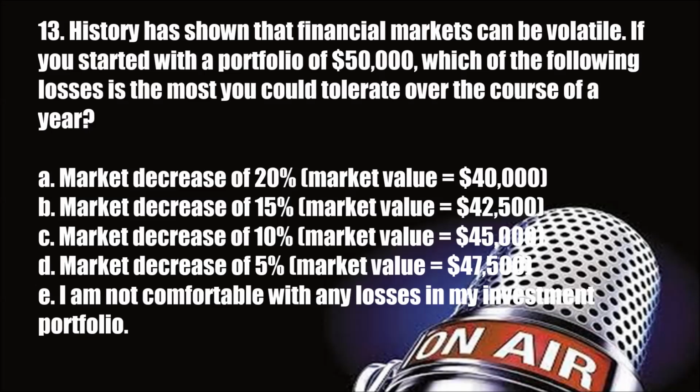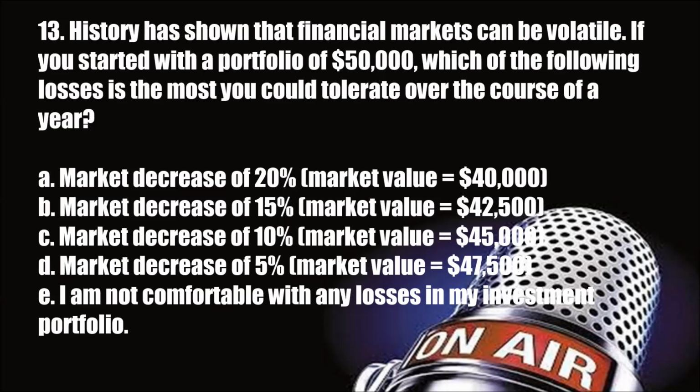If you started with a portfolio of $50,000, which of the following losses is the most you could tolerate over the course of a year? A, if the market decreases 20%, your market value now drops to $40,000. B, your market decreases by 15%, and now the value of your investment is $42,500.